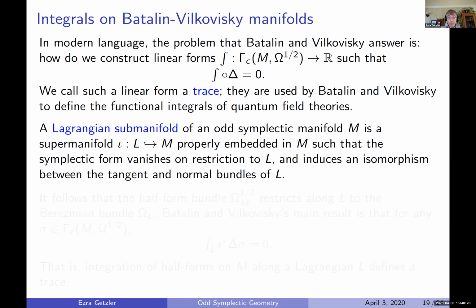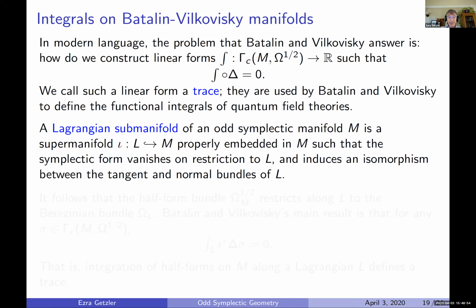So the way that Batalin-Vilkovisky constructed traces was to choose a Lagrangian submanifold. So they took a supermanifold L, which is properly embedded in M, such that the symplectic form vanishes along L, and it induces an isomorphism between the tangent and normal bundles.